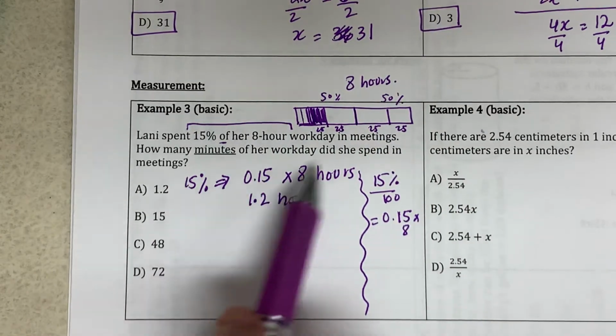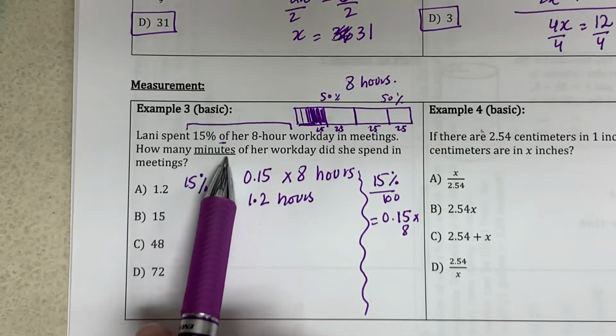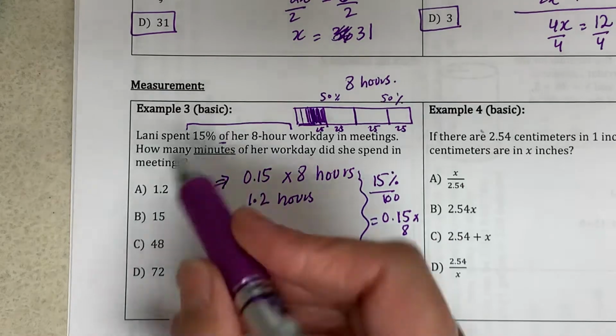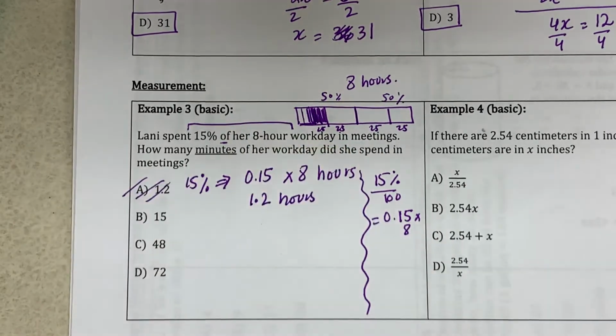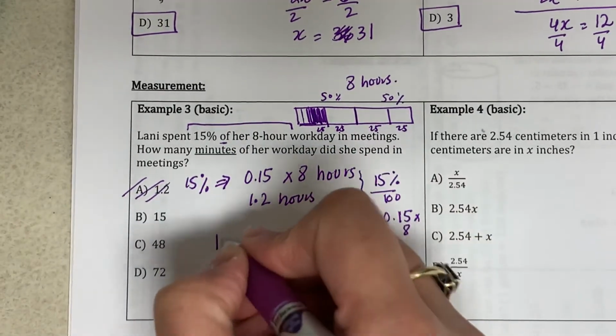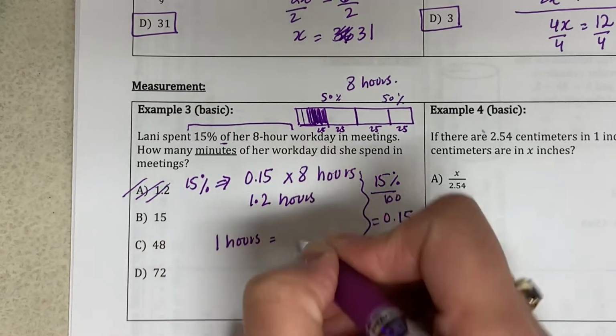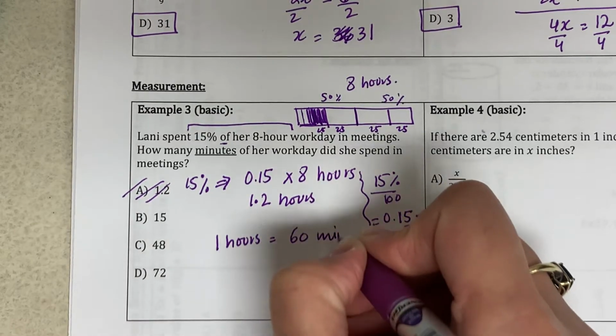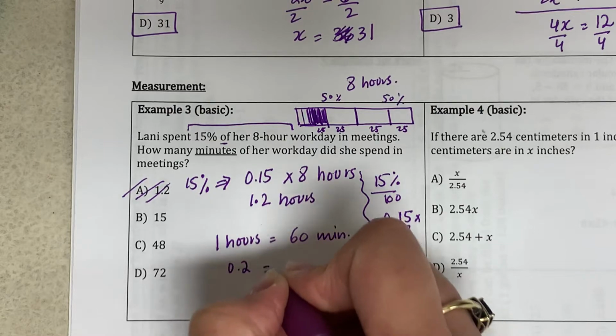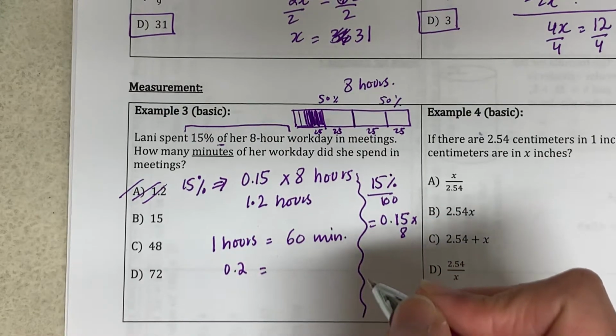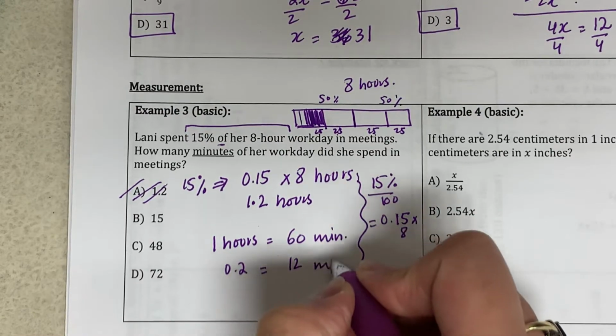Now I have 1.2 hours. How many minutes? You don't need the answer as 1.2 hours, so this is not what you need. You need it in minutes. So 1 hour is 60 minutes, and 0.2 would be 12 more minutes.